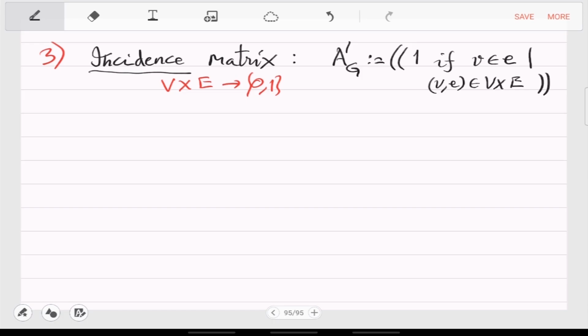So you have a vertex v and then you have, let's say, v1 comma v2, that's an edge. So you go over all the triples, and in that location you put a 1 if the vertex is part of the edge. Is that clear? That is, the vertex is incident on the edge, or the edge is incident on the vertex. So it stores that information.